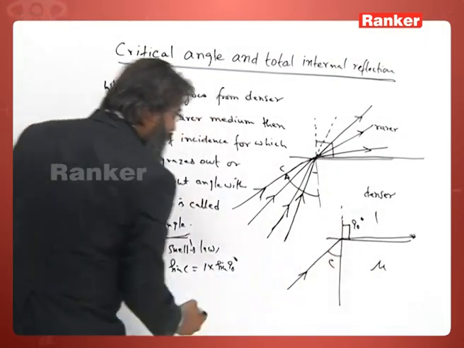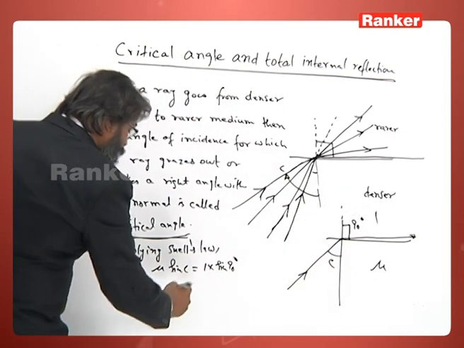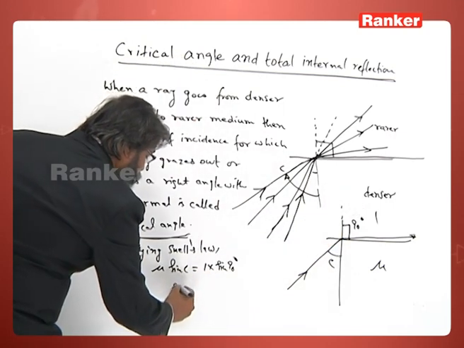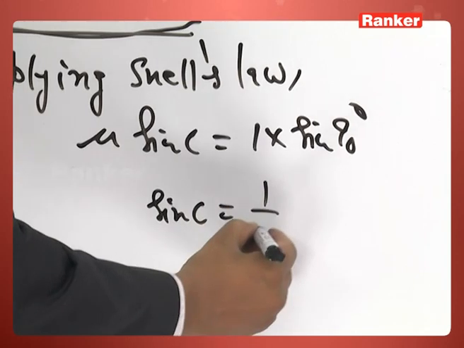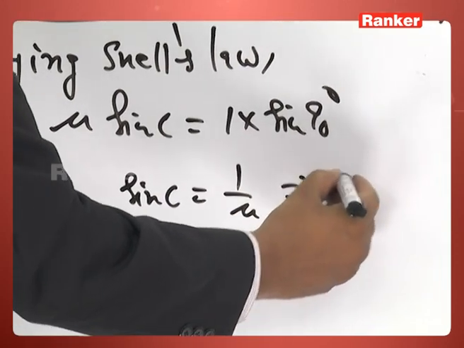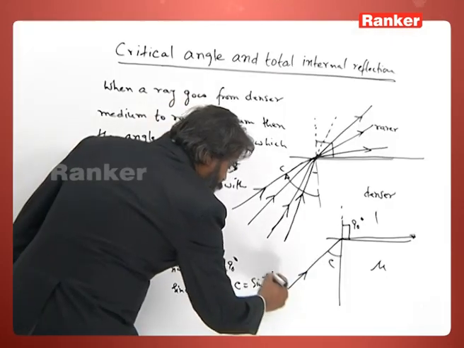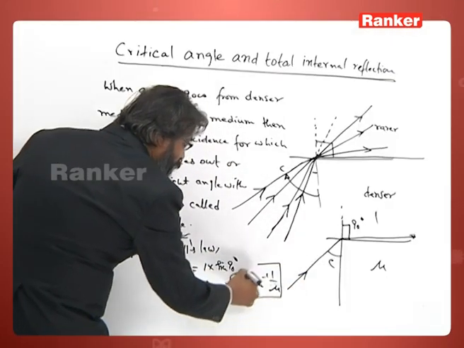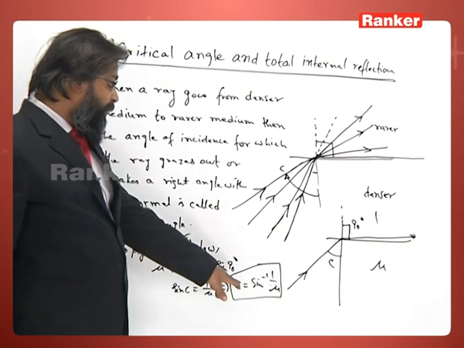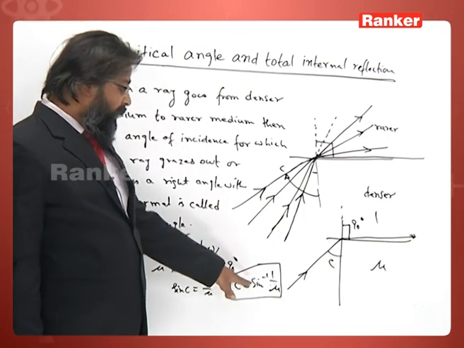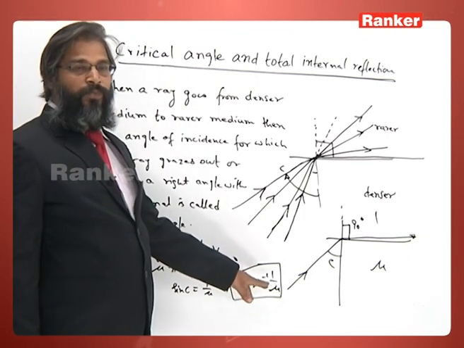This angle is 90 degrees, refractive index 1. So sin C is equal to 1 by mu, which implies C is sin inverse 1 by mu. This is the critical angle. The magnitude of the critical angle C is given by sin inverse 1 by mu.